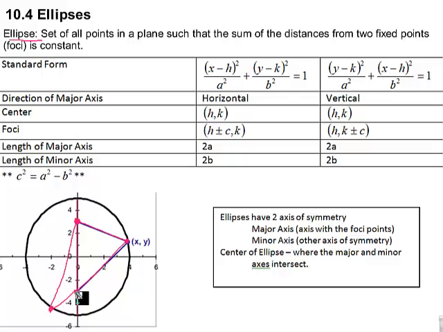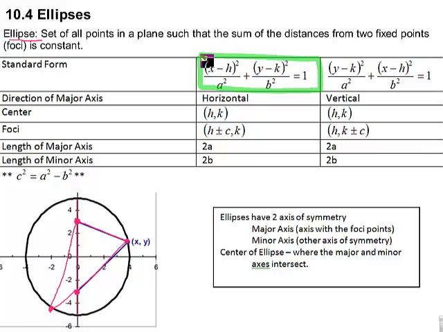So we have standard form for this, and we also have some other information about it. Two standard forms, you're going to see that they look very similar. So here's the first one: x minus h squared over a squared plus y minus k squared over b squared is equal to 1.